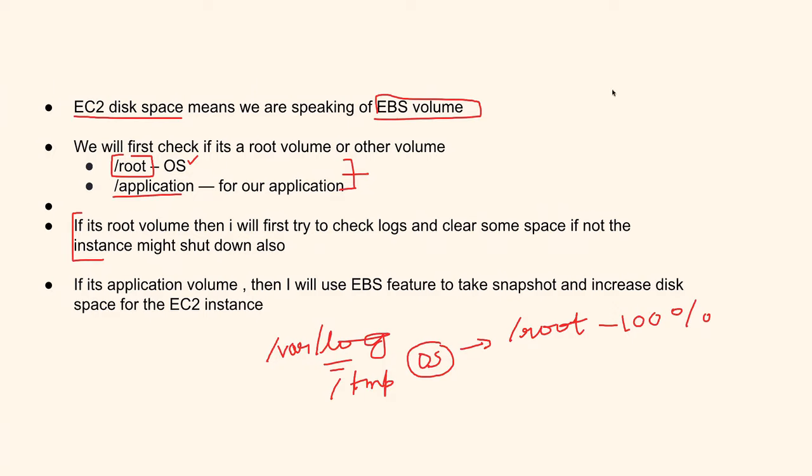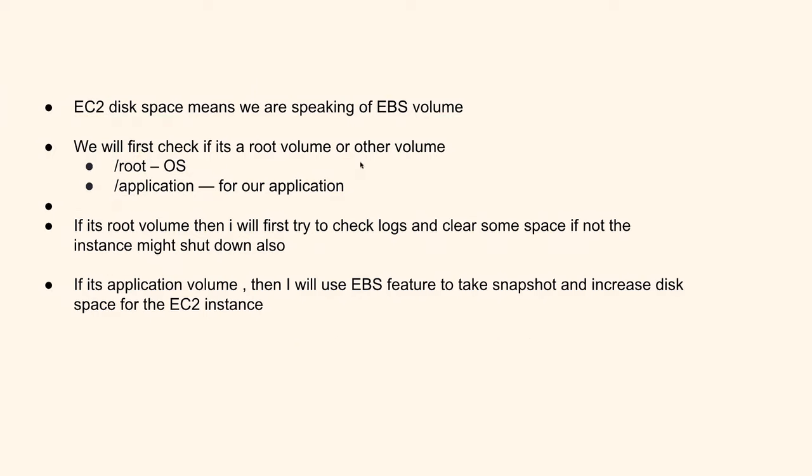If it is not the root volume, in this case, it can be our application volume. So if it is our application volume, then we are going to understand what this application volume is getting used for. That is, our application might be writing some logs in certain locations, or there was a new deployment and it was not cleaned up. There might be a lot of jars that are pending.